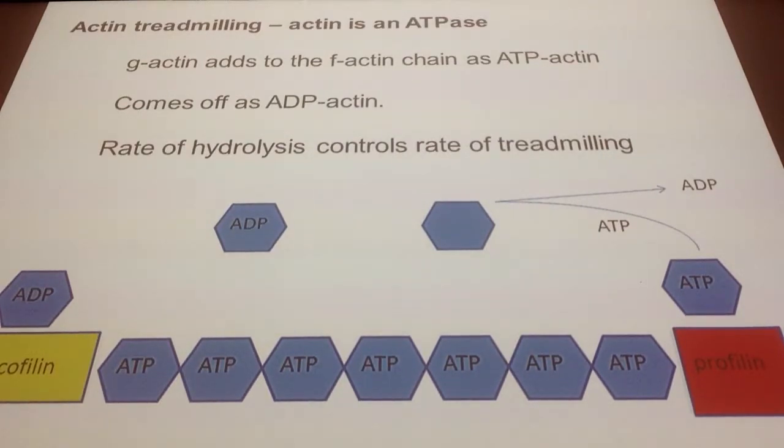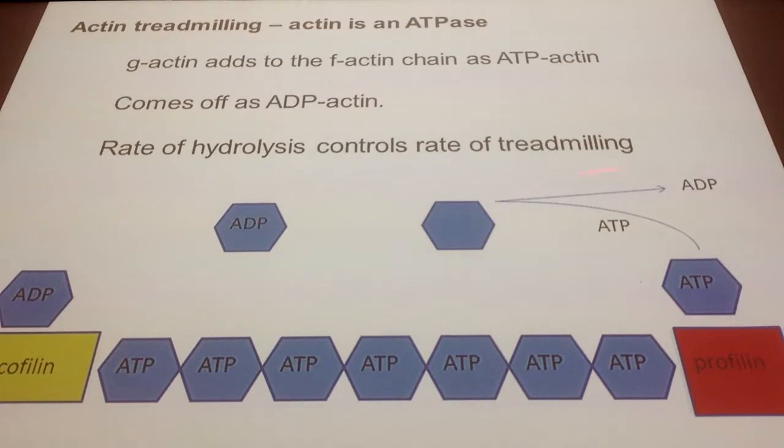So then the cell will remove the G-actin from the minus end and put it toward the plus end. En route, the ADP that is bound to the G-actin is going to be switched out for an ATP.